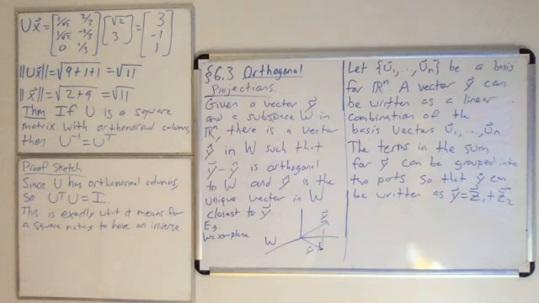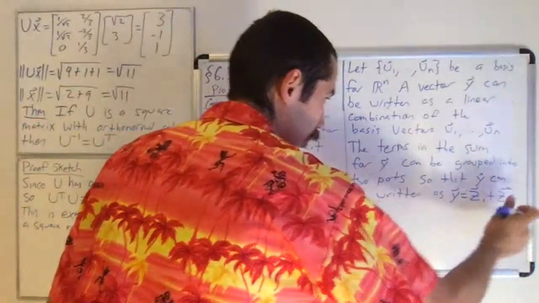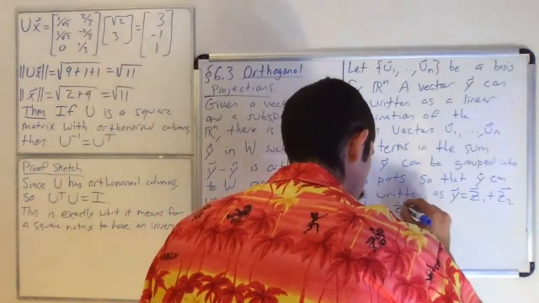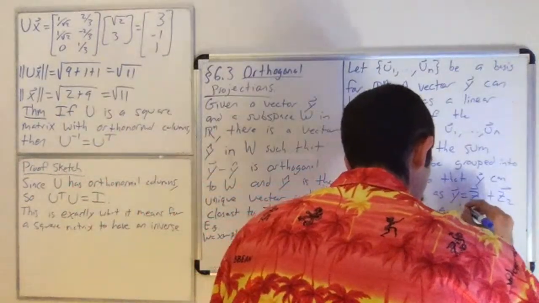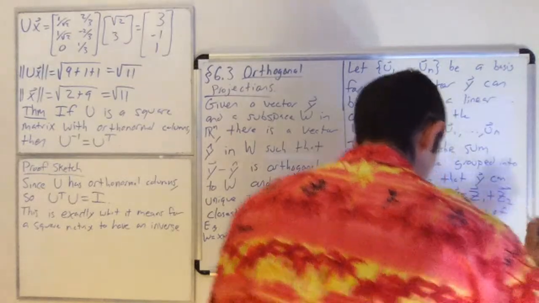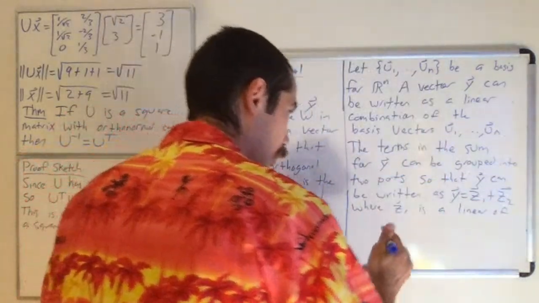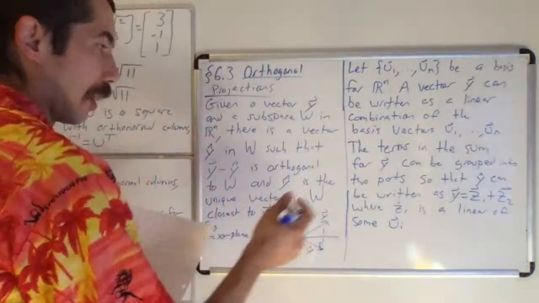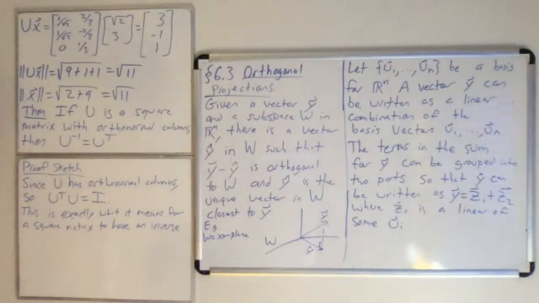Okay, so I'll give you a second to write this down. We're in the middle of a thought, but there's a lot of writing here. I guess before you do that, where z1 is a linear combination of some of the basis vectors, and z2 is a linear combination of the rest.